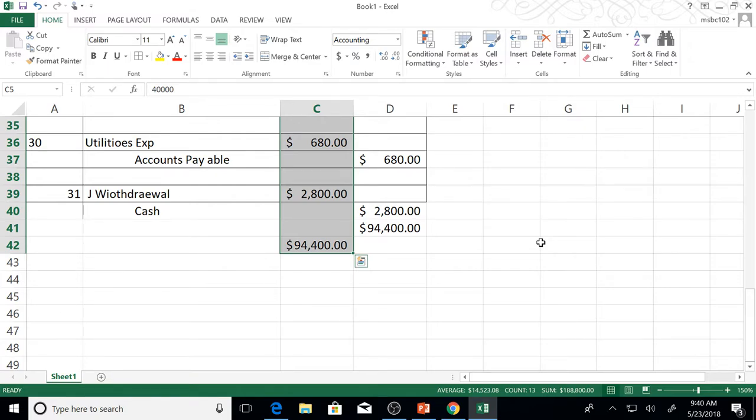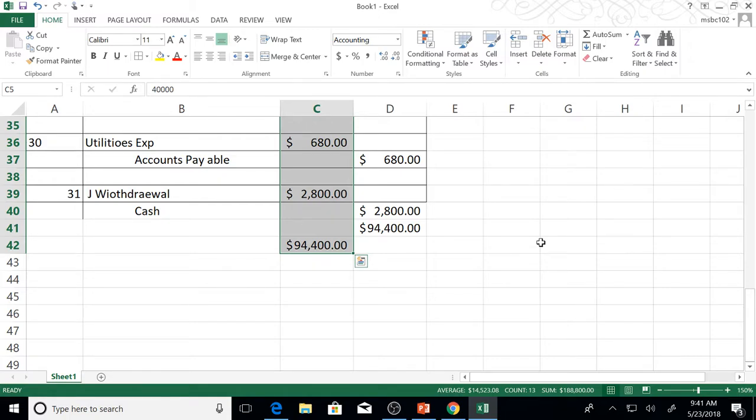Now, if we were to do a trial balance, how do we do a trial balance? You put the title, and then you list all those accounts, the titles, and then you put the balance of each.